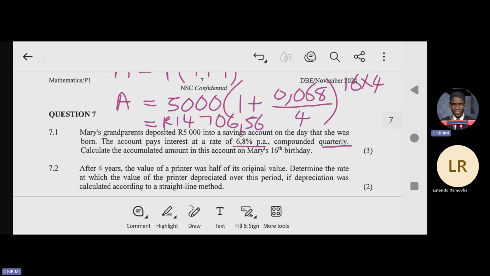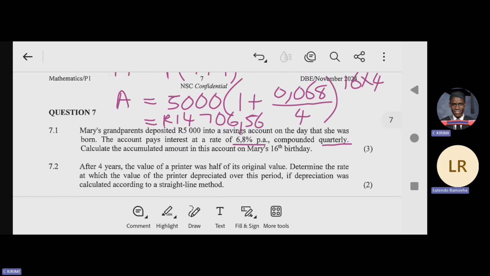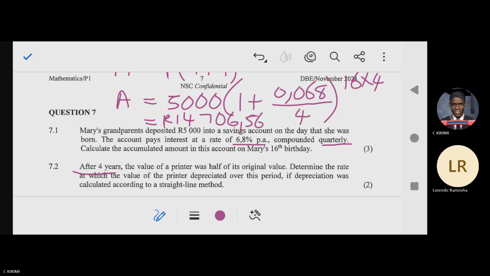Right. After 4 years, the value of a printer was half of its original value, isn't it? Yes.